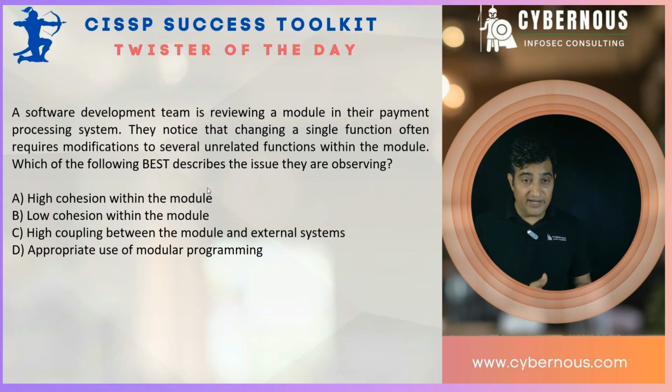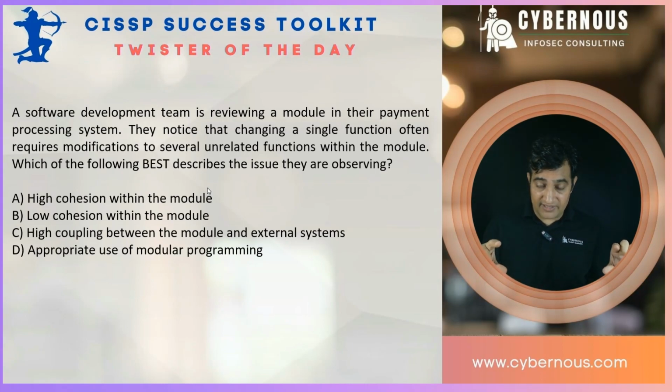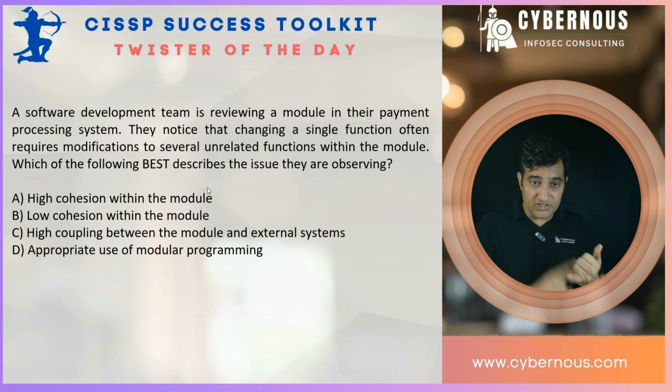So cohesion means the interrelationship between different functions within the same module, and that should always be very strong, so that you don't have to edit unnecessary functions whenever you are doing an upgrade. That is what is called cohesion. The bottom line from the exam perspective is that cohesion should always be high, whereas coupling should always be low, right?